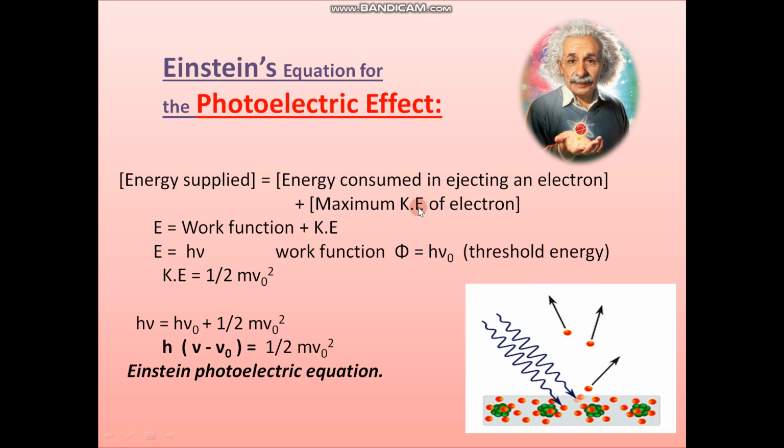And the kinetic energy is equal to half m v square. Substituting these three values: h nu is equal to h nu naught plus half m v square, where nu naught is the threshold frequency and v is the velocity. So h into nu minus nu naught is equal to half m v square. This is the Einstein photoelectric equation. This is very important.